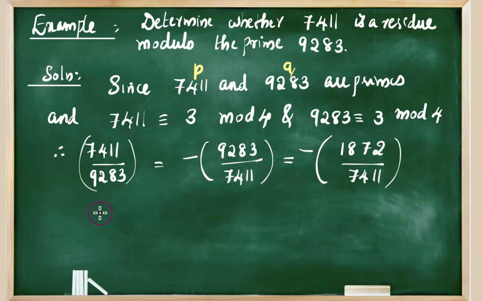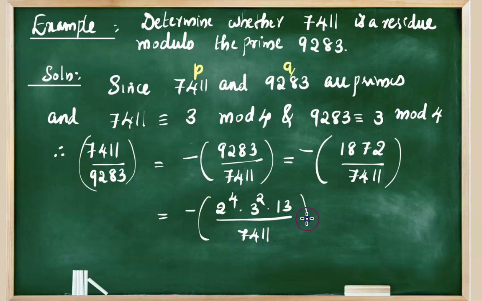And here 1872 is a composite number, since we can easily observe that this is even. So, we can factorize this 1872 and we will obtain its prime factorization as 2 raised to 4 into 3 square into 13.